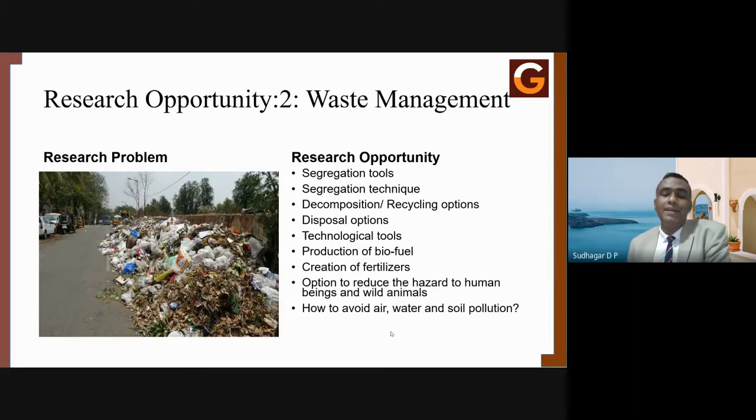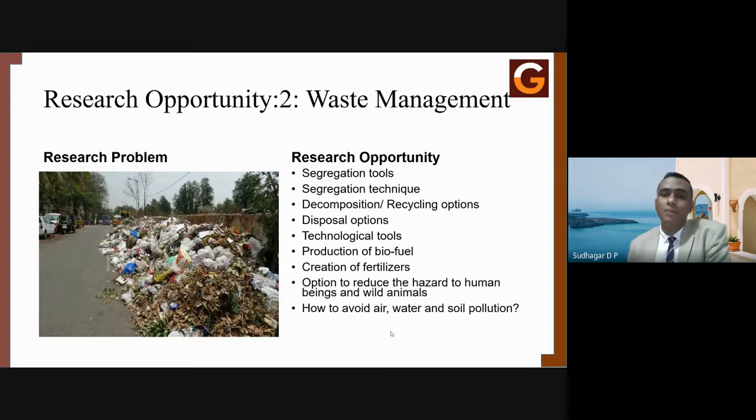Although we have a technique of segregating the waste based on its composition, how many of us actually practice it at home? How many of us actually segregate wet waste separately, dry waste separately, biodegradable waste separately, non-biodegradable waste separately? So is it possible for you to come out with an interesting segregation technique through your research?